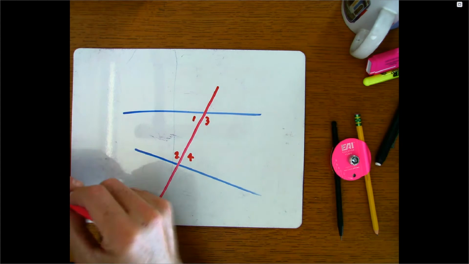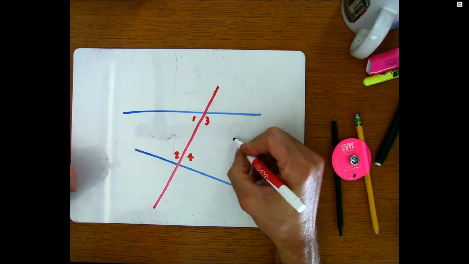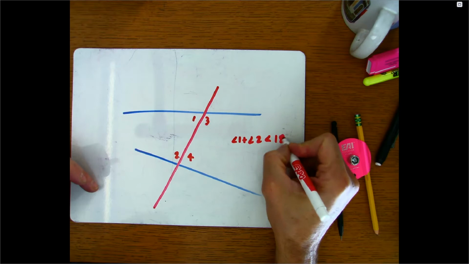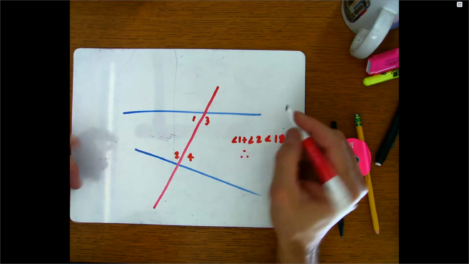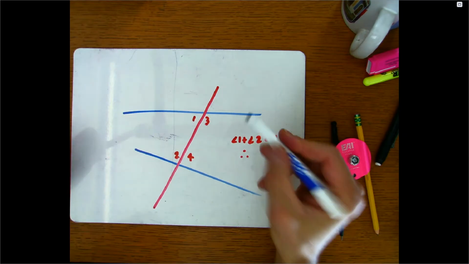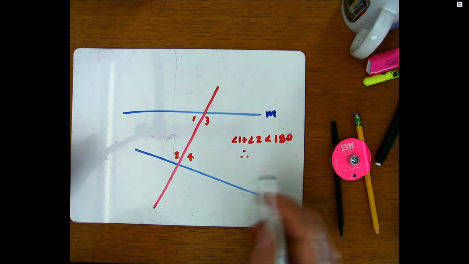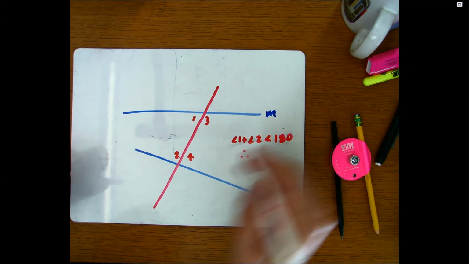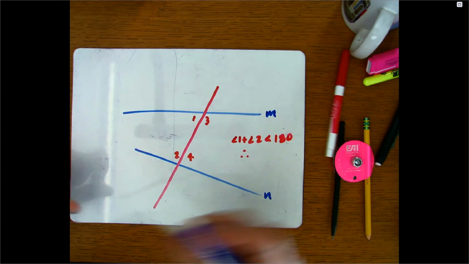So let's just assume that angle 1 plus angle 2 is less than 180 degrees. Therefore, I guess let's call this one M and this one N. So therefore, M and N meet on the left.